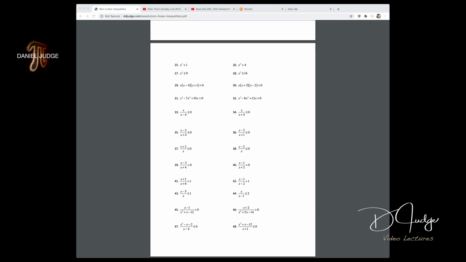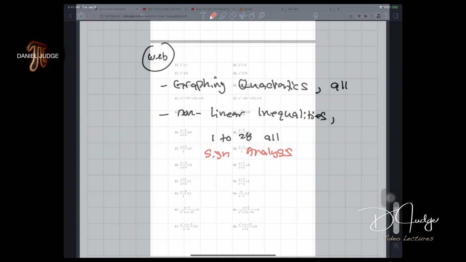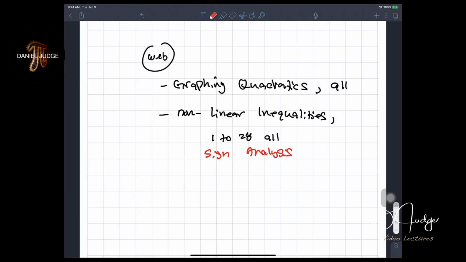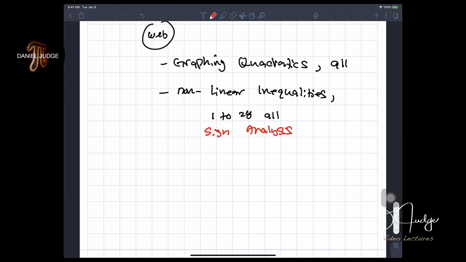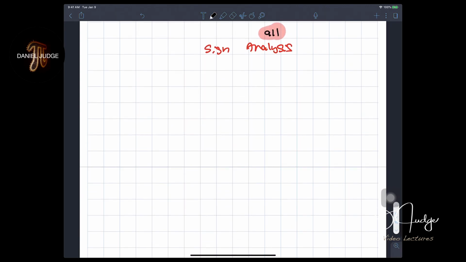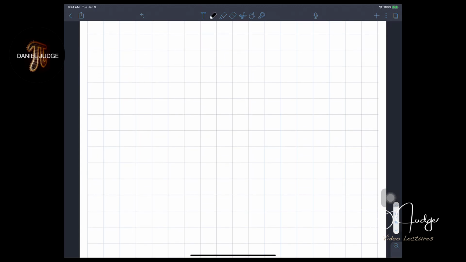Because we have to work on sign analysis for those rationals. And it's very simple. So I'm going to continue here. So your homework's going to be really now all of them, after we complete this. So we have what's called rationals.